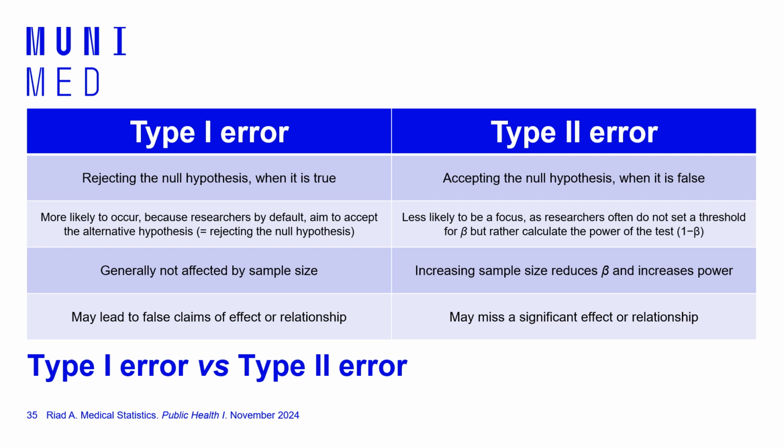However, the type 2 error is the opposite, which is false negative, because it may miss a significant effect or relationship. So the drug could be effective, however, the results or the researcher could say that it's not effective. So this is also a loss. This is also a mistake that we don't want to make, because it may make us lose interesting results or an effective medicine, and not see its true effect.